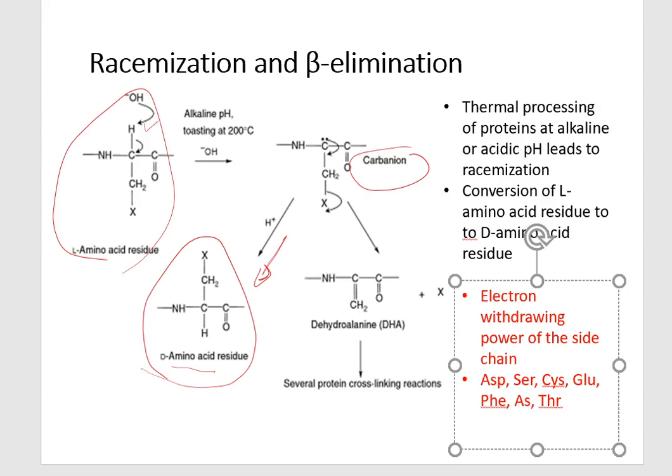These amino acid residues are racemized at a faster rate than other amino acid residues because they have functional side chains with electron withdrawing power. The rate of the reaction is also dependent on hydroxyl ion concentration, but it's independent of protein concentration. Also, the rate of reaction in free amino acids is greater than in proteins.